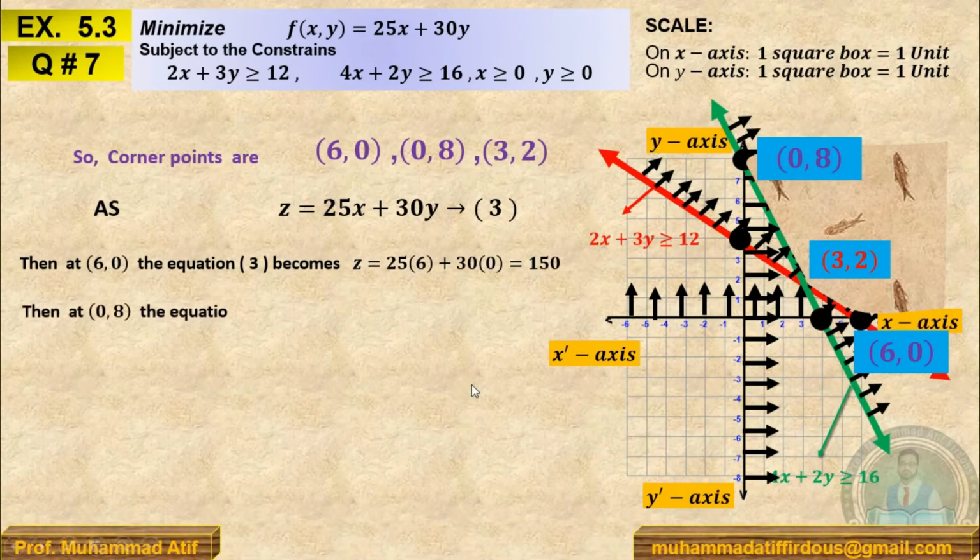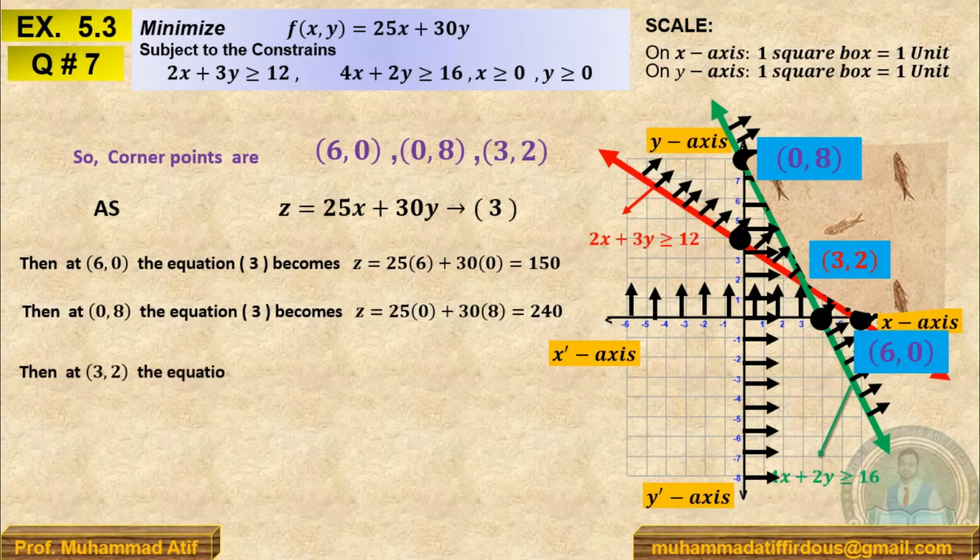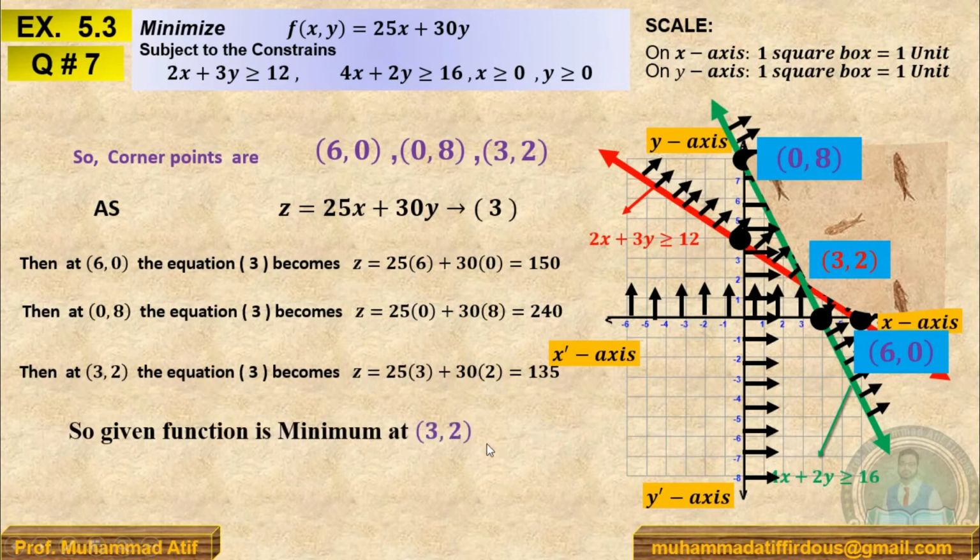Again put your second point, which is (0, 8), you have your answer 240, and lastly put the ordered pair (3, 2) in equation 3, you have your answer 135. You have to find the minimum of this function, so we have the minimum at (3, 2), which is 135, so the given function is minimum at (3, 2) here.